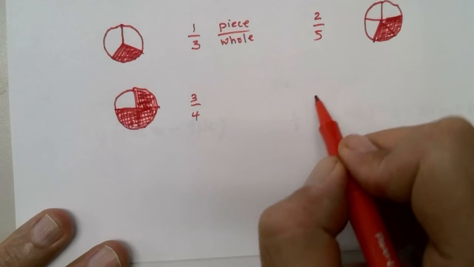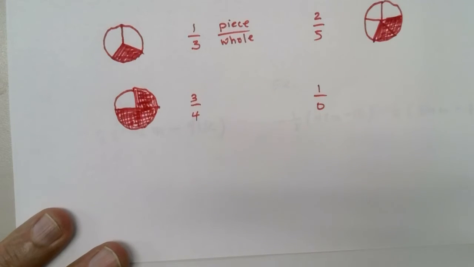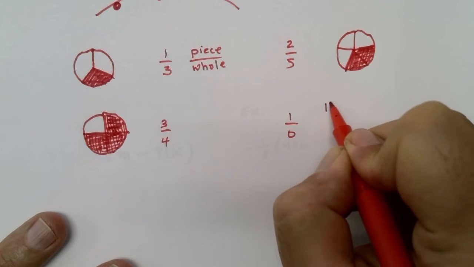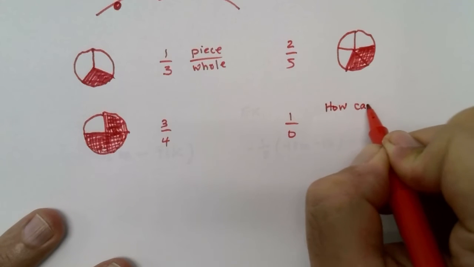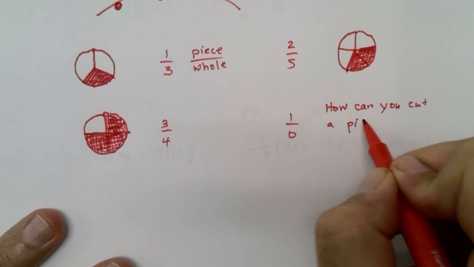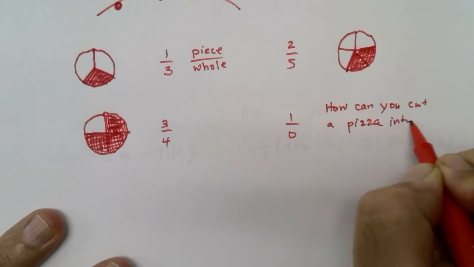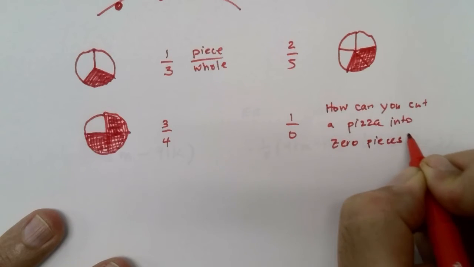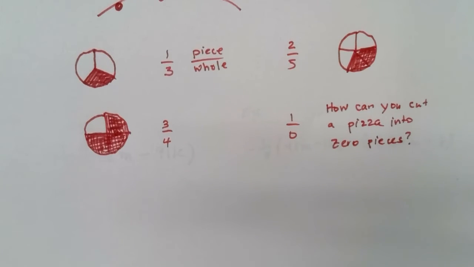So then you say, all right, what would 1/0 look like? The question is, how can you cut a pizza into 0 pieces? And this is hard. But that's what it means. So that means the whole pizza is 0 pieces. You're like, okay, well then I'm not going to cut it.